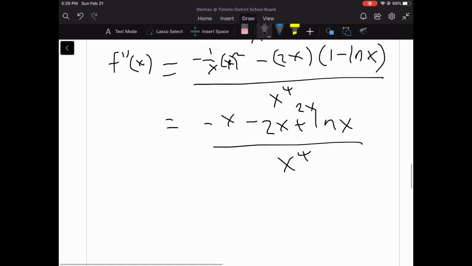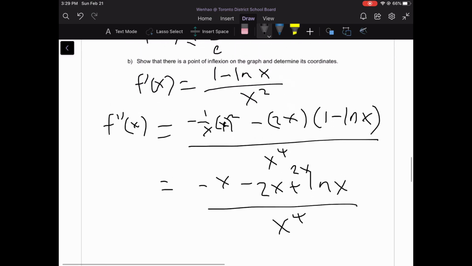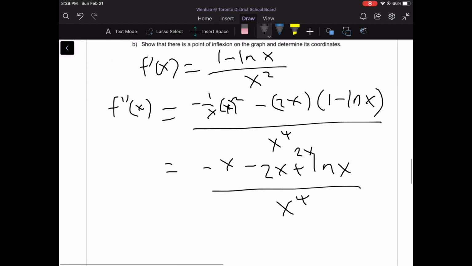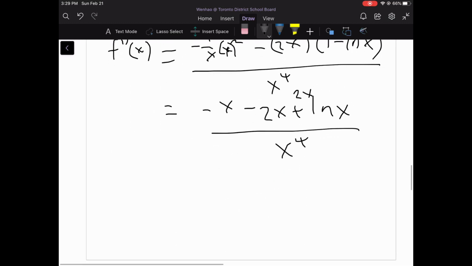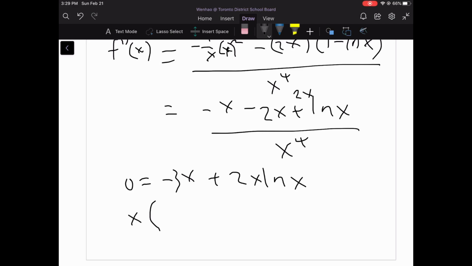Since we need to solve for the second derivative equal to 0 to find the points of inflection, we just need to equate the numerator to 0. So 0 is equal to negative 3x combined, plus 2x ln x. So we can factor x, giving x times 2 ln x minus 3 equal to 0.